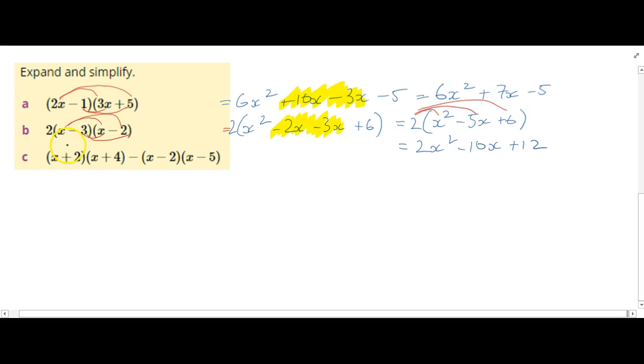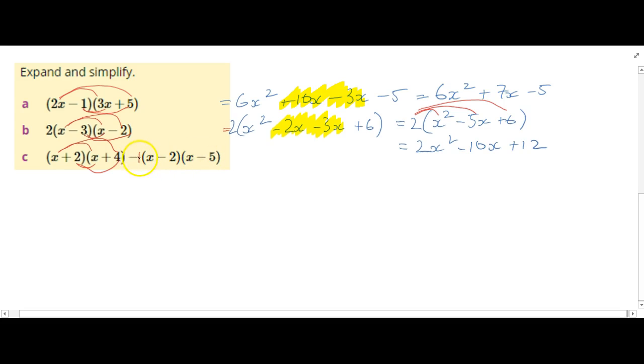And the last one here, finally, x times x. We're going to do two separate FOILs. This one's a bit tricky because there's a takeaway here. So what we're going to do is put a 1 there, because this negative applies to everything after it.